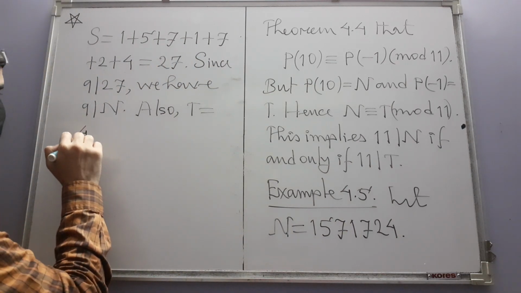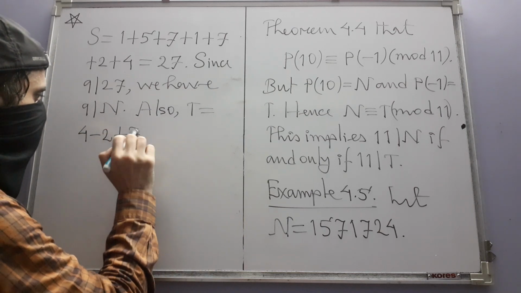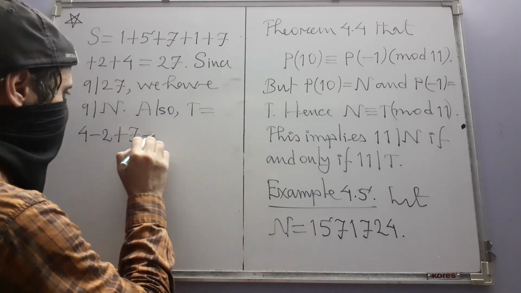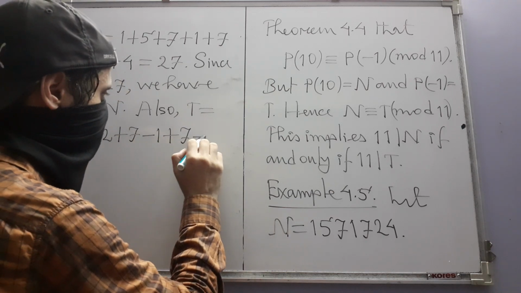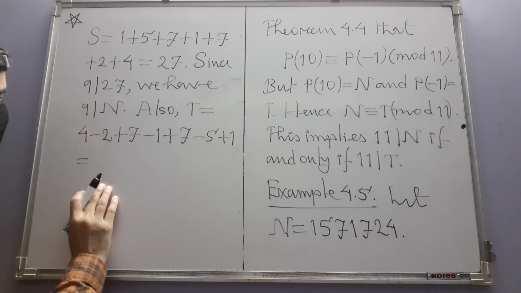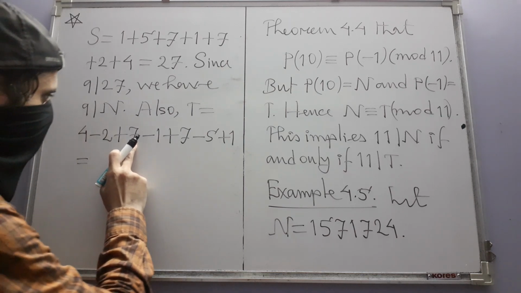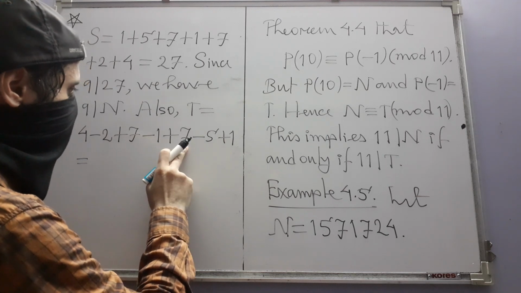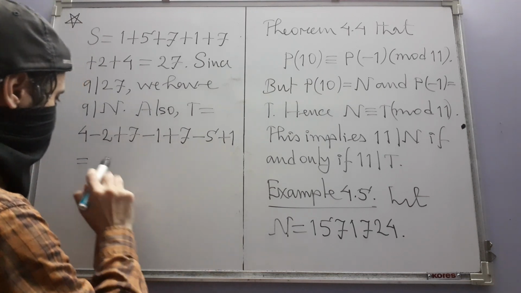So this will be 4 minus 2 plus 7 minus 1 plus 7 minus 5 plus 1. So 2 plus 7 is 9, 9 minus 1 is 8, 15 minus 5 is 10, 10 plus 1 is 11.